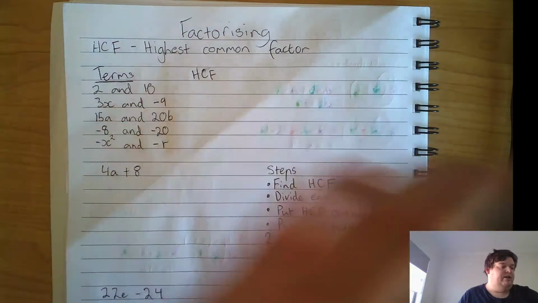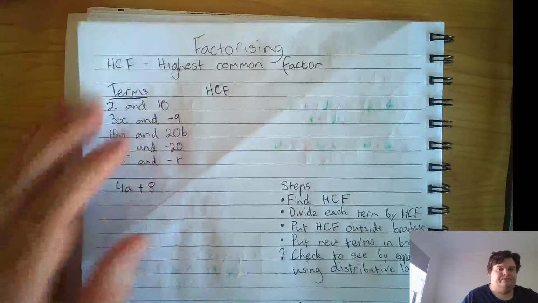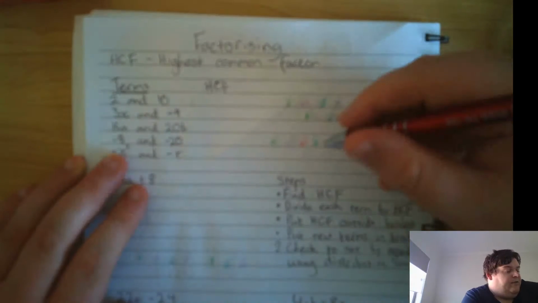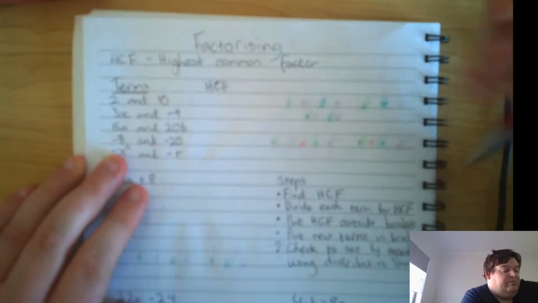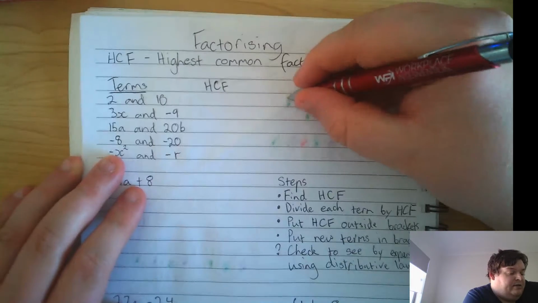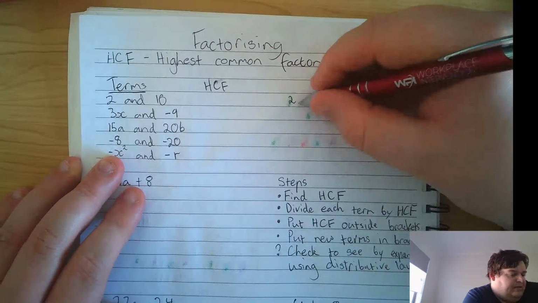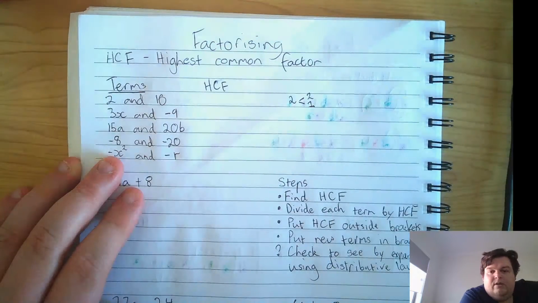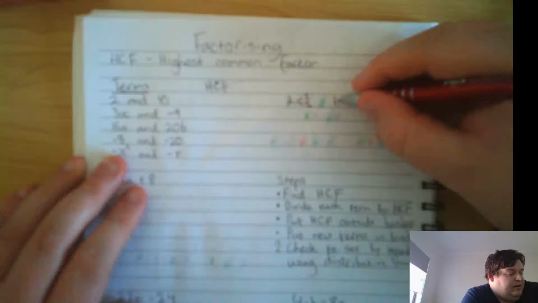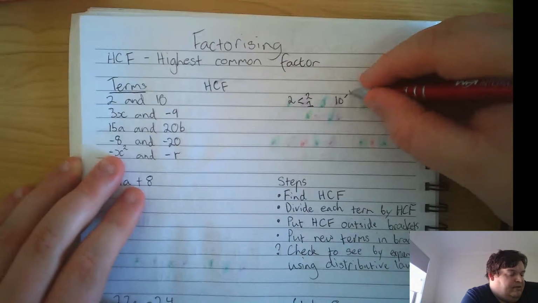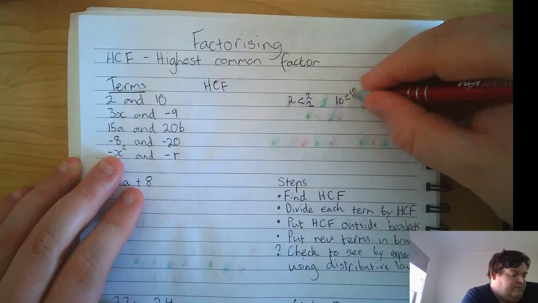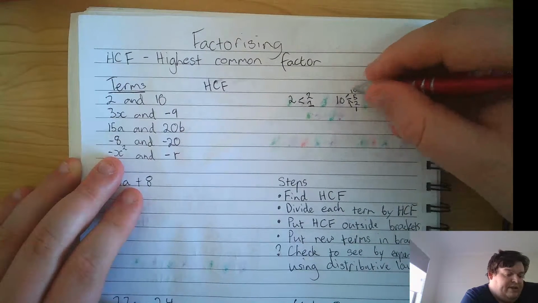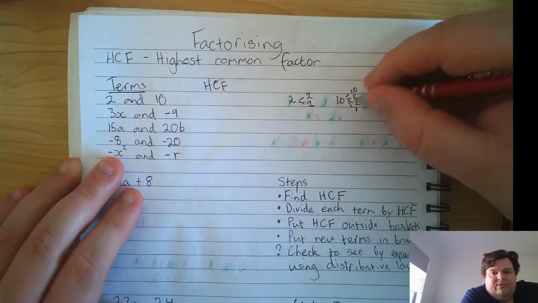So essentially, what is the largest number you can divide both of these by without turning them into fractions? Let's have a look at a couple of examples. We have 2 and 10. To find the highest common factor, I would write out the factors of 2, which are of course 2 and 1, and the factors of 10, being 10, 5, 2, and 1, because 1 times 10 is 10, 2 times 5 is 10.